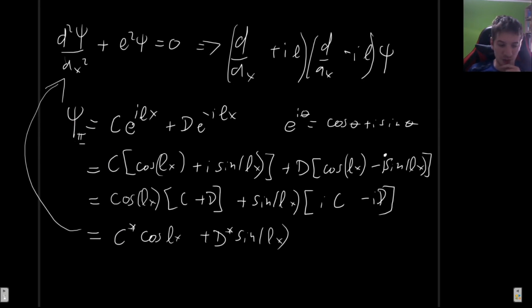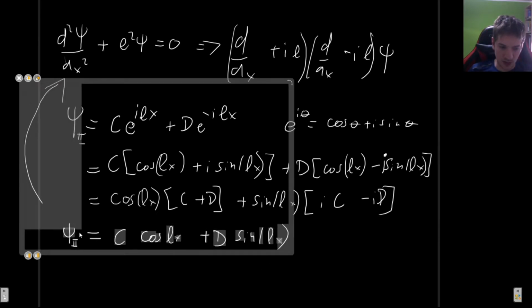And now, because I don't really want to have to write this star all the time, I'm just going to leave it out because c and d are just arbitrary constants. It doesn't matter, and we're not going to go back to this notation, so there's not going to be any confusion there. So this right here is now our solution for region number 2. So we have actually all of the solutions to all 3 regions that interest us.